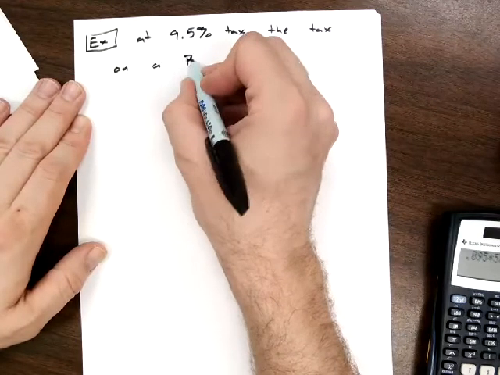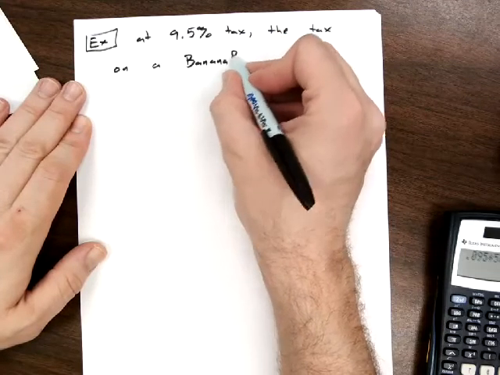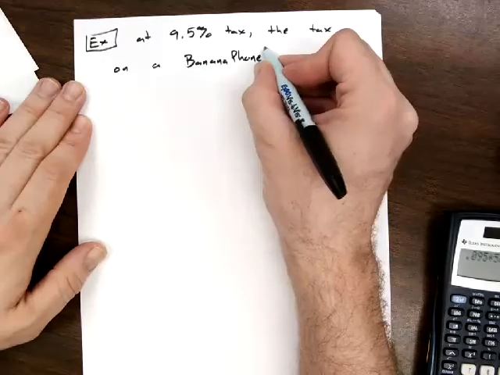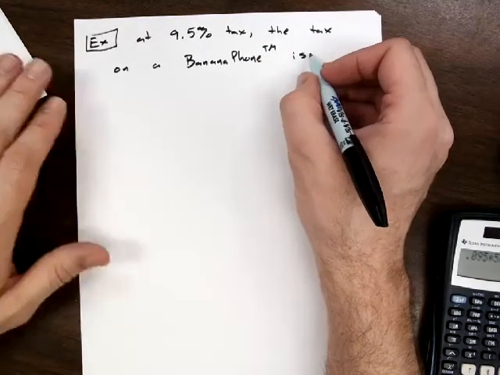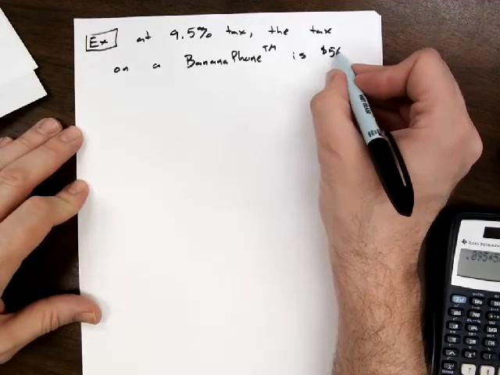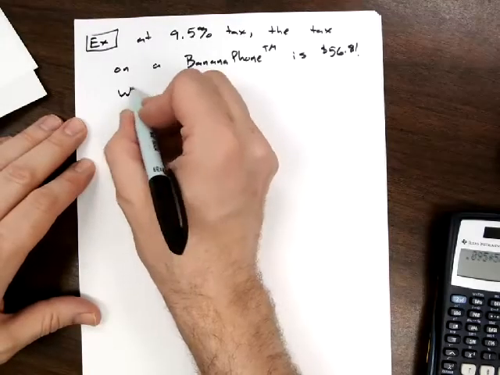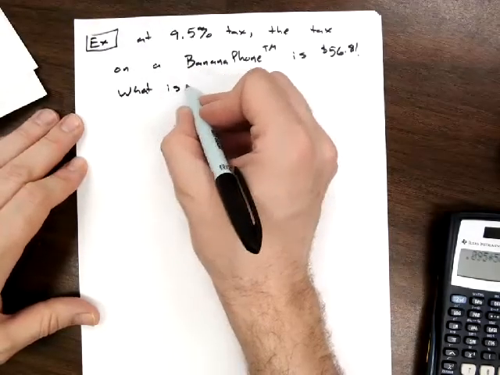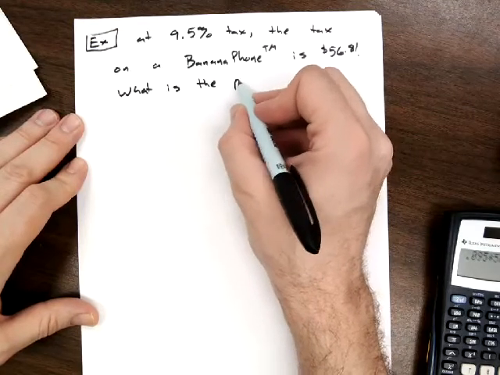We'll have a banana phone. The tax on the banana phone is $56.81. What is the purchase price of the phone?